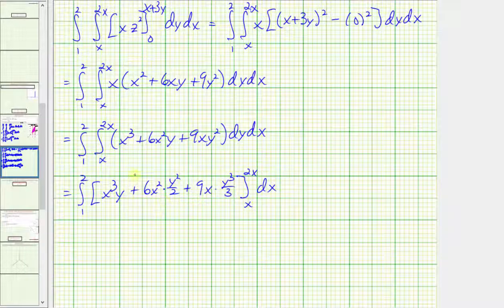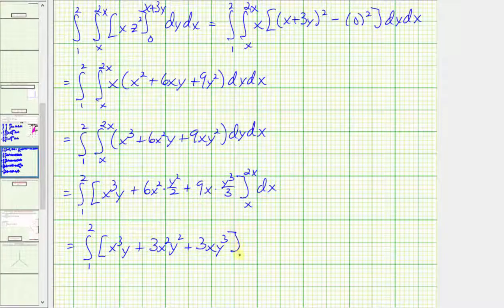Let's go ahead and simplify the antiderivative. So we have x cubed y plus, here we're going to have 3x squared y squared, and then here we'll have 3xy cubed, so plus 3xy cubed. And now we need to find big F of b minus big F of a by performing substitution for y.